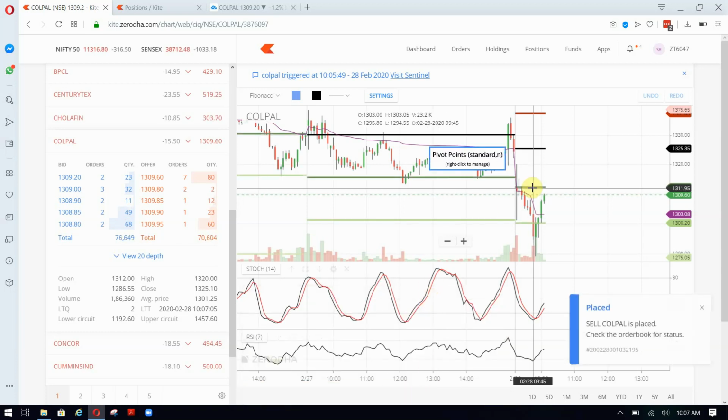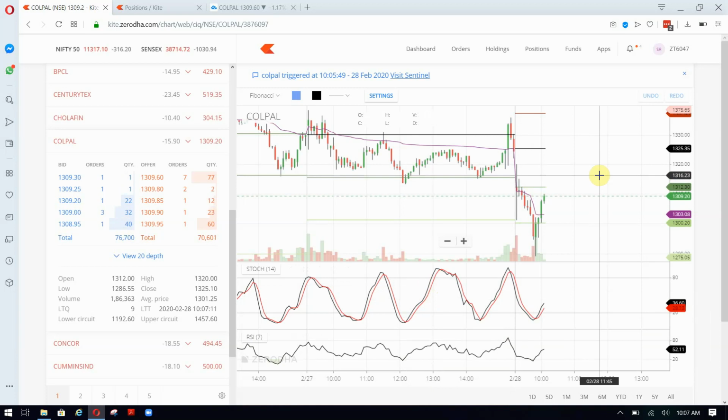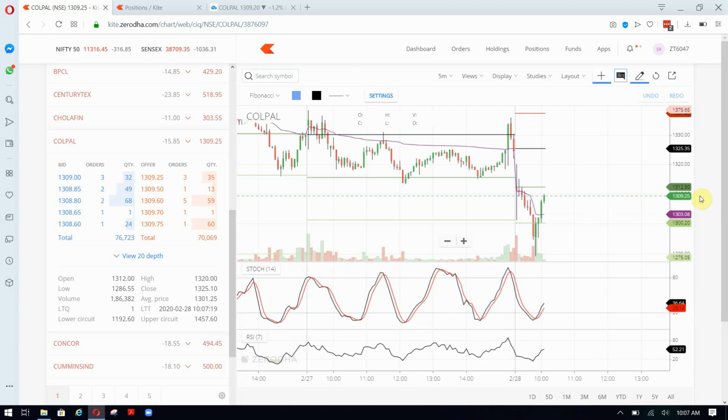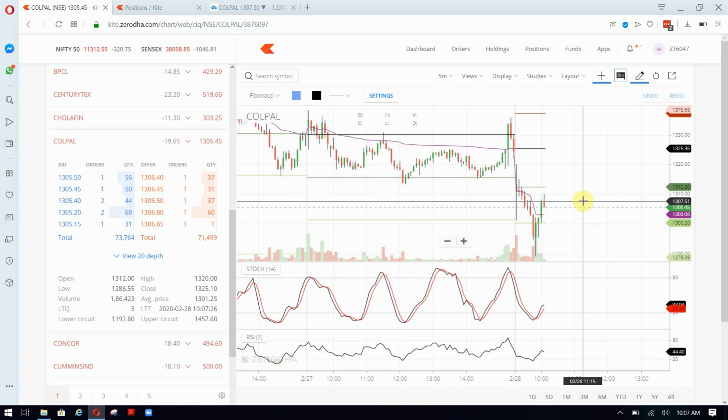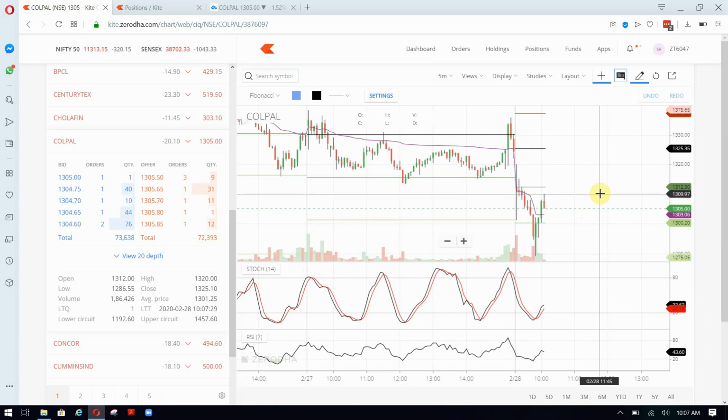See, I don't chase the price. If I missed the reversal, I don't want to rush and take it after it has almost reached that 61 percent. So let us see. It looks like it didn't even go to that price. See, now I have missed the opportunity here.